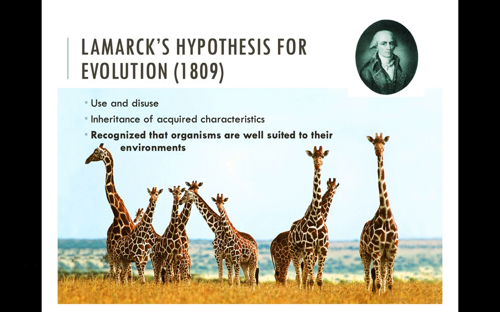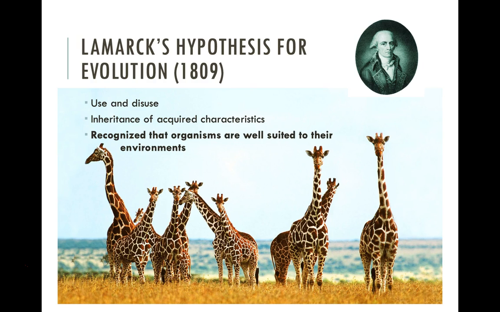Evolution actually requires that there is already a trait in the population, and then if it is advantageous, it is passed on. This is important for two reasons. One, Lamarck recognized that organisms were well suited to their environments, and that was important because no one had really recognized this before.